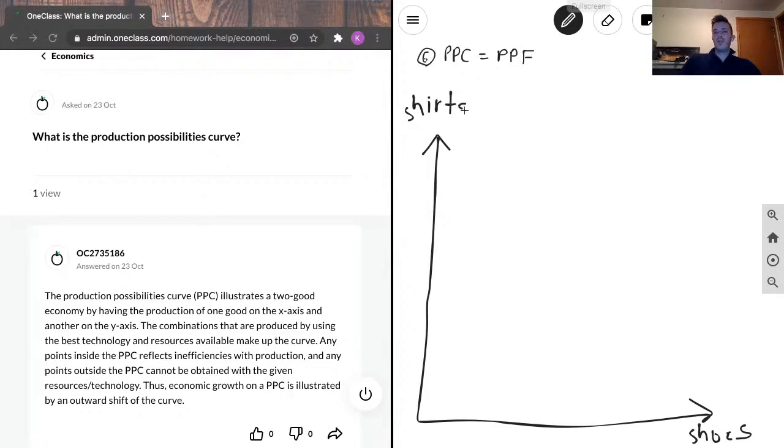You're always going to draw a production possibilities frontier bowed out, like so. It's probably my best curved line of the day.